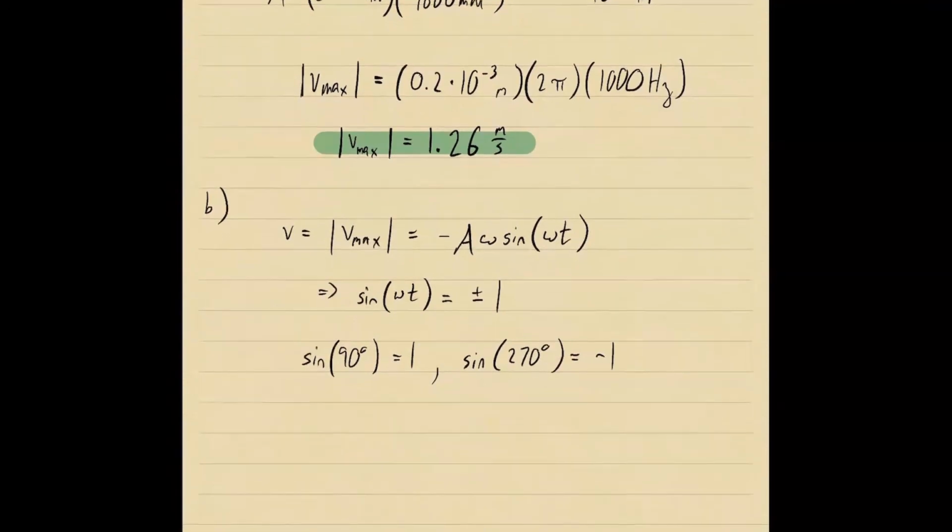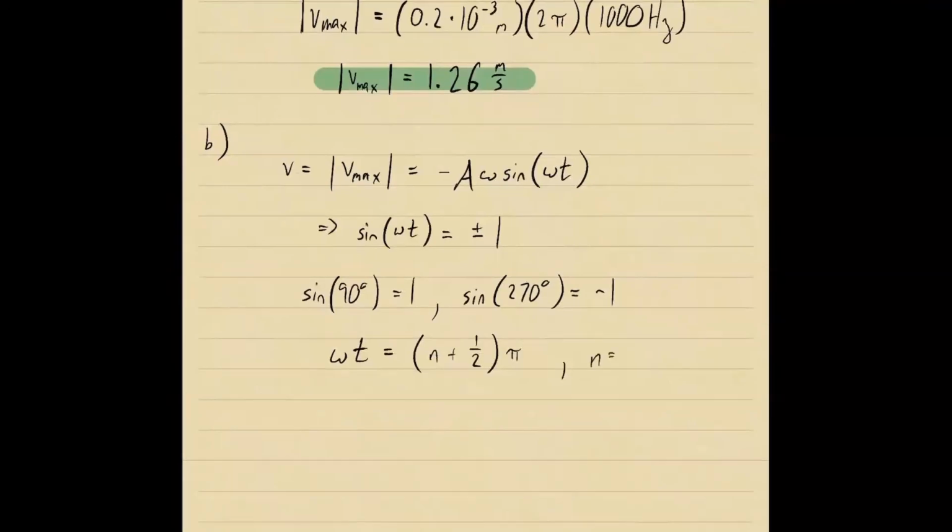So this corresponds to omega t being equal to (n plus 1/2) times pi, where n is 0, 1, 2, and so forth. If you plug in 0, you have 1/2 times pi, which is 90 degrees. So we've already seen that that works.